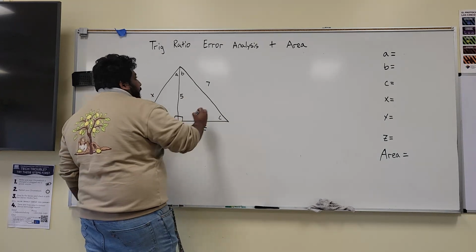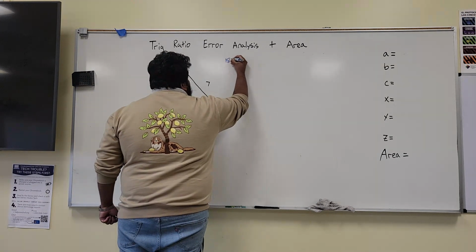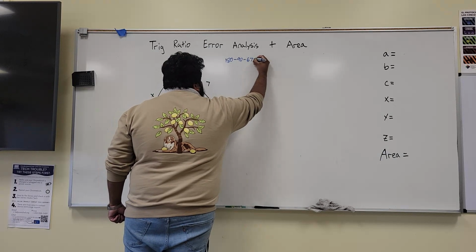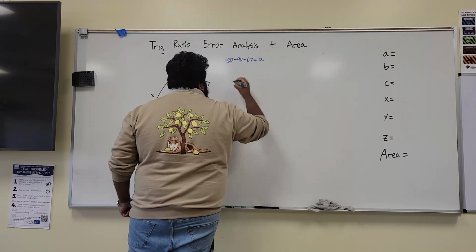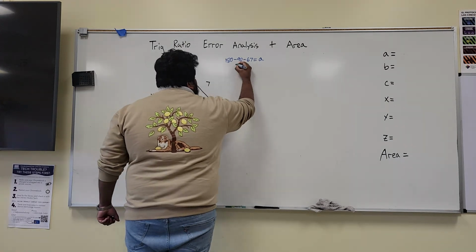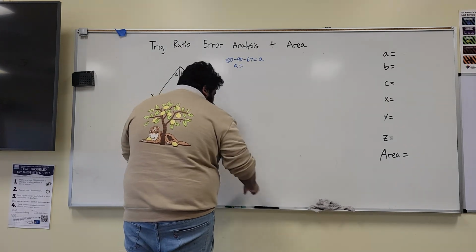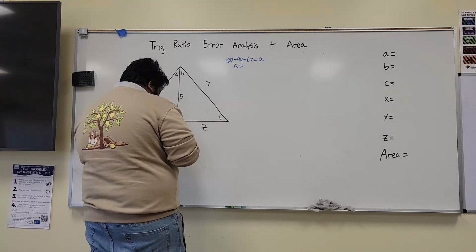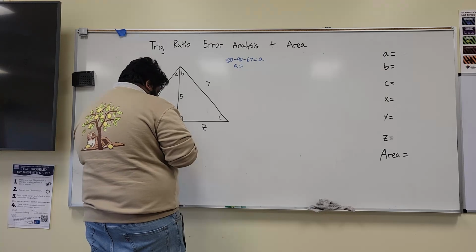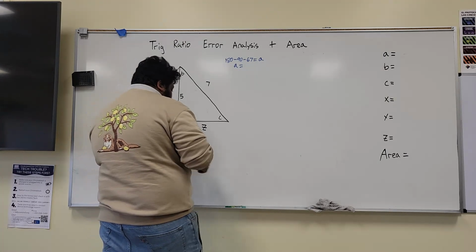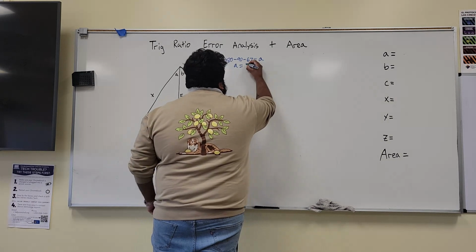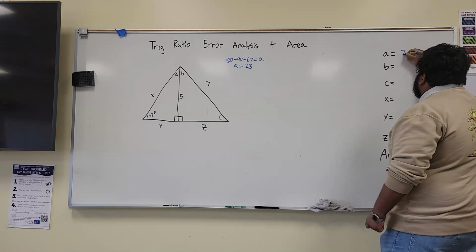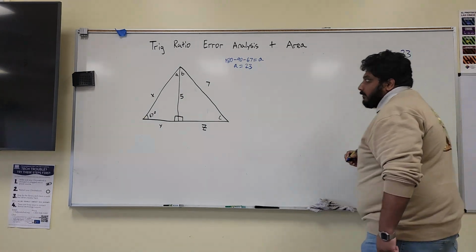So we have 180 minus 90 minus 67, that's going to be equal to A, which means that A is equal to 23. A is equal to 23. So we've got the first one already done, just by using triangle angle sum.